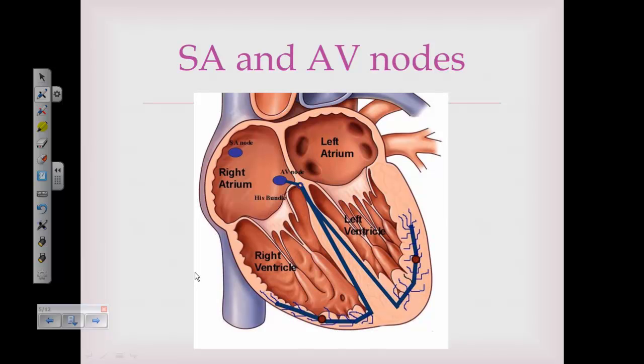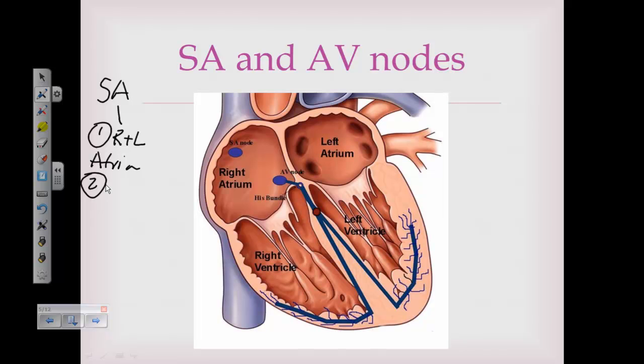So looking at this diagram, we want to know the order of events as the nervous message passes through the heart. It begins in the SA node. The SA node causes 2 things to occur. First, it's going to cause the right and the left atria to contract. This is going to push the blood from the left and the right atria into the ventricles.